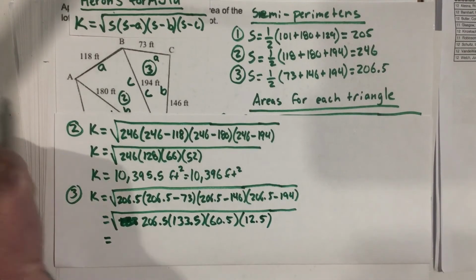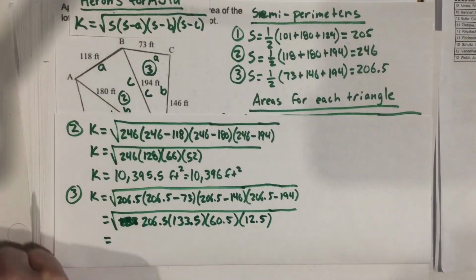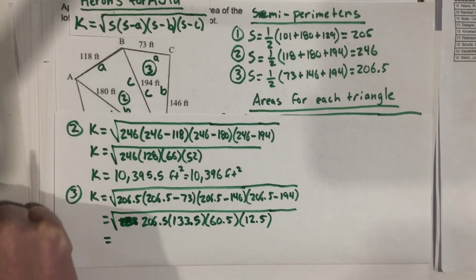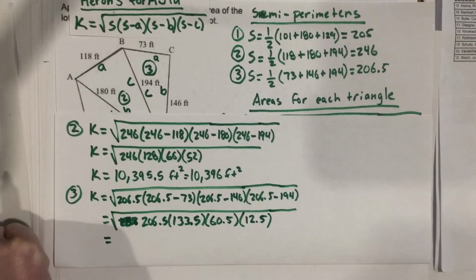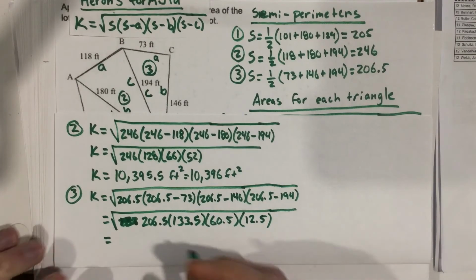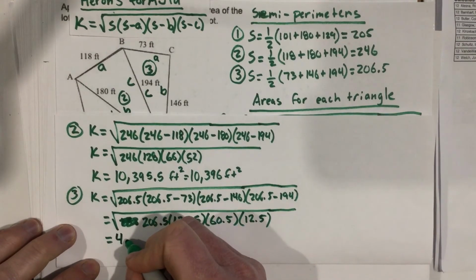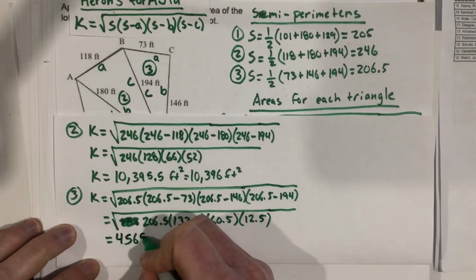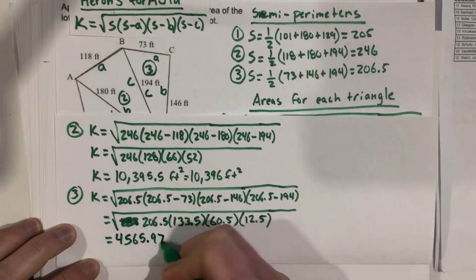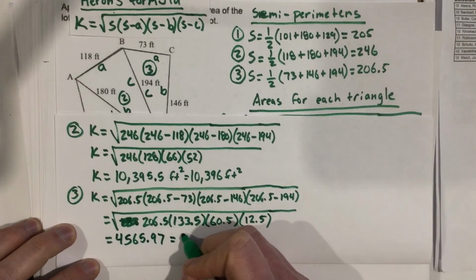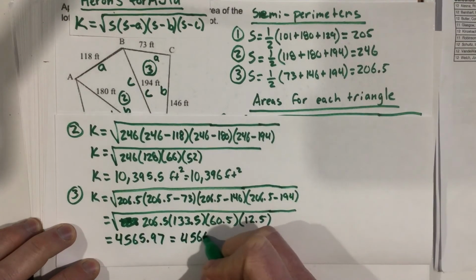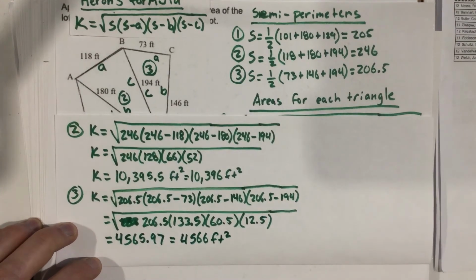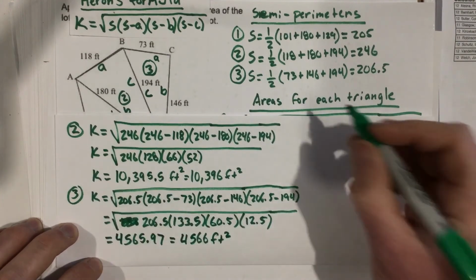So 206.5 times 133.5 times 60.5 times 12.5. Double check I put it in right. Enter. Do the root of that. That gives you 4,565.97. I'm going to round that then to 4,566 feet squared.